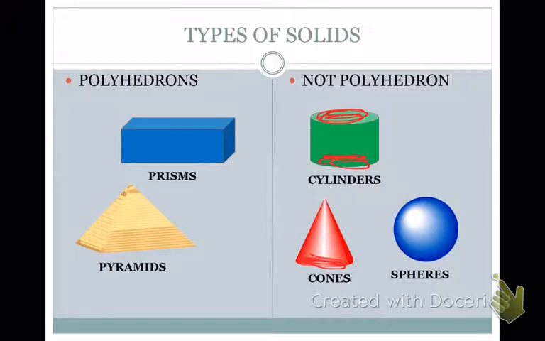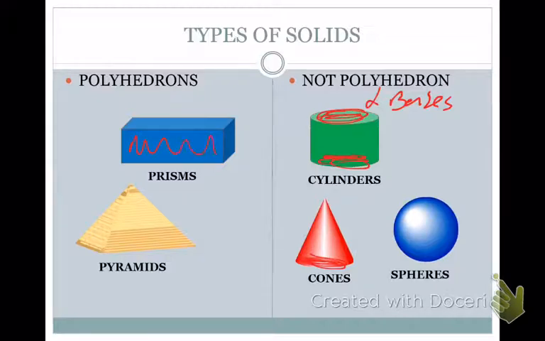The bases, so these are the bases here, are defined as parallel and congruent faces. Now, in this prism here, there are a lot of faces that can be bases. This one and this one could be bases because they're parallel and congruent. The top guy and the bottom guy could be bases because those faces are parallel and congruent.